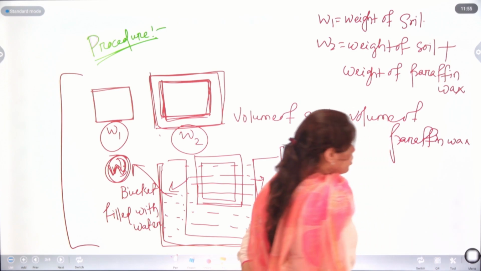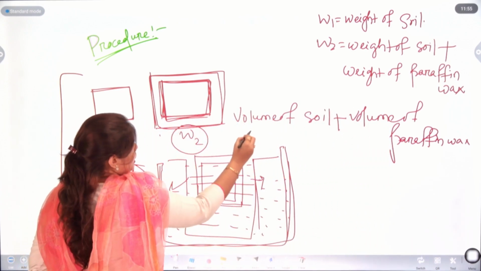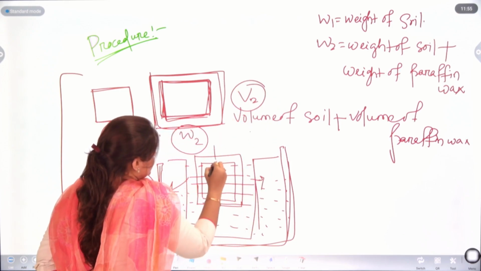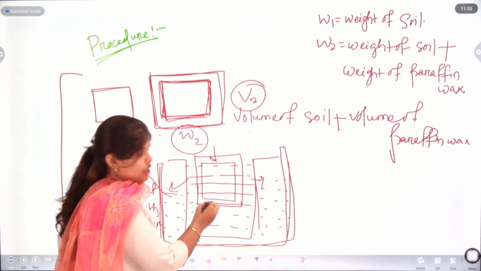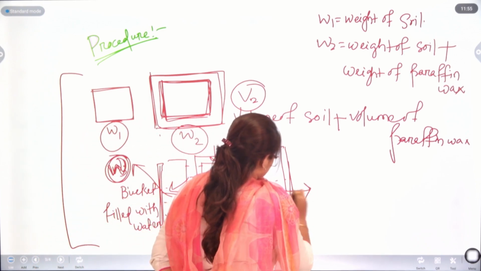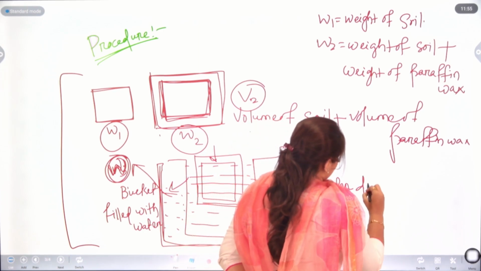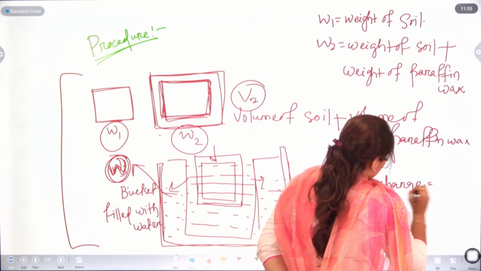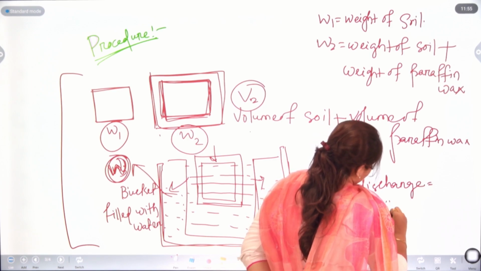Let us call it V2. So, this V2 water will also discharge from the bucket. The water discharged will be equal to the volume of soil with paraffin wax.